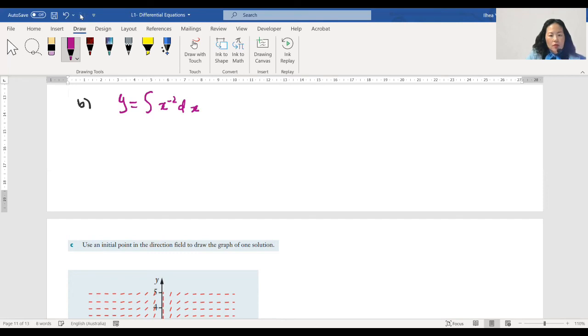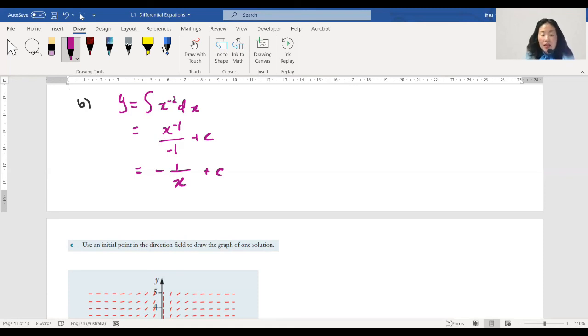So I'm going to do that. x to the power of negative 1, because you're adding 1, divided by negative 1, plus c. So my equation is something like that.